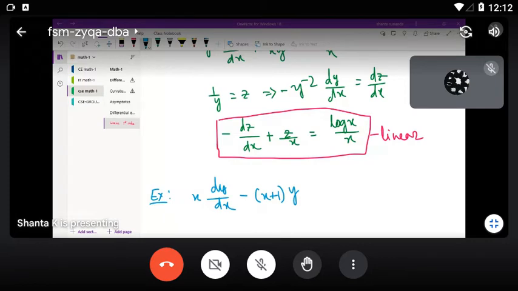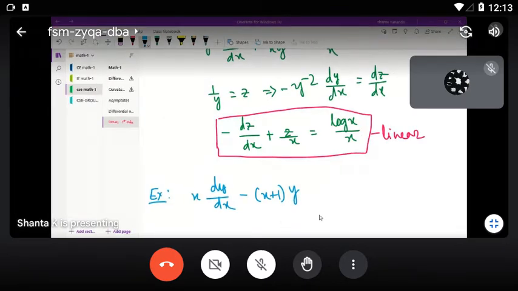Wait a minute. Okay, so the previous one, I will come to this one. Any of you done the solution for the previous one? What is the solution for this one? Just tell me the solution and I will write it down.